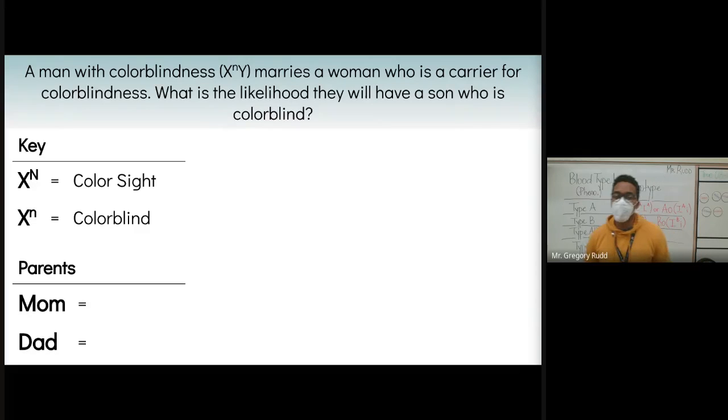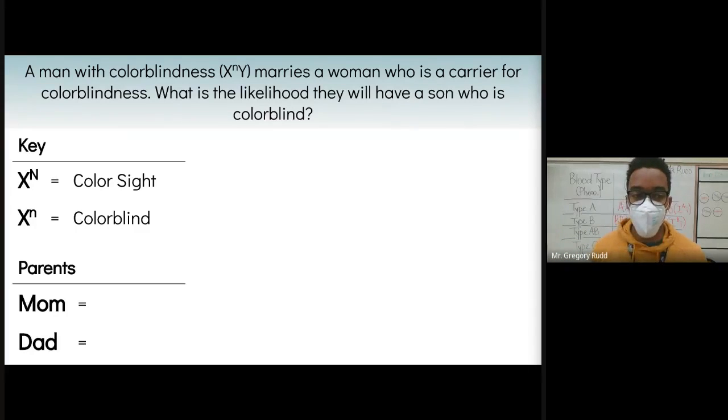So you need to have the correct information for the parents. So make sure you're reading these questions carefully. All right, so in this question, Ardeja, can you tell me, is there any information about the mom in the question? She's a carrier, so what is her genotype? Okay, you're right. We're using the letter N in this question, though.